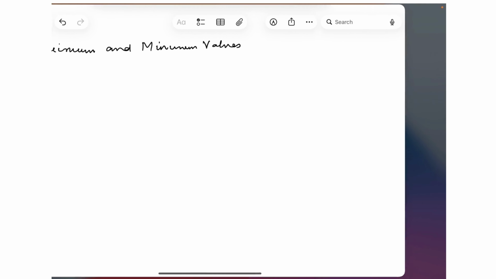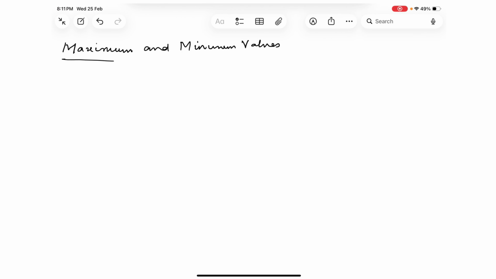Maximum and minimum values. Now first point here is the maximum value of sin x is always 1.